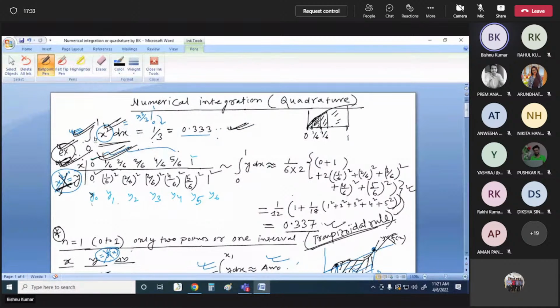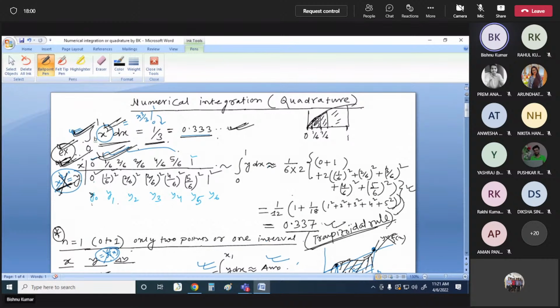That value you got is 1 by 3, that is 0.333. And I have taken here, suppose, 6 sub intervals, means 7 points. Using 6 sub intervals, I have made the x and y data sets. With the help of these data sets, I will calculate this integration without doing the mathematical integration.